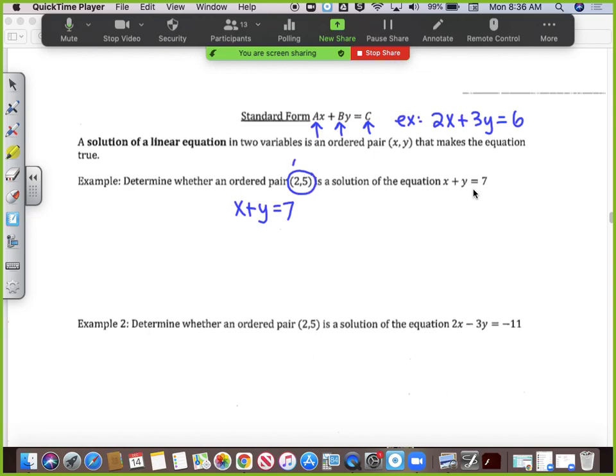Because this ordered pair has 2 for x and 5 for y, we will replace 2 in for x and 5 in for y and see if it is true or not. If it is true, then the answer is yes, it is a solution. If it is not true, the answer is no, it is not a solution. 2 plus 5 is 7, and since 7 equals 7 is true, the answer would be yes, it is a solution.